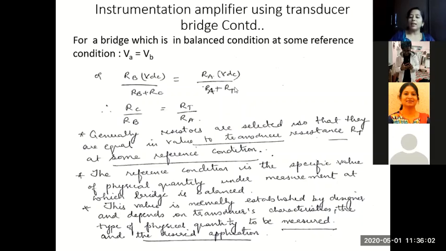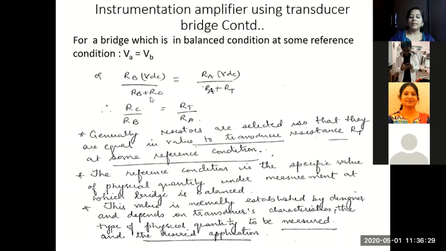We are considering that there is a fixed base resistance RT at the reference temperature of 27 degrees or so. The value of the thermistor resistance is RT, so that's why I left out that plus or minus delta R. And VB is RB into VDC by RB plus RC. VA is RA into VDC by RA plus RT.